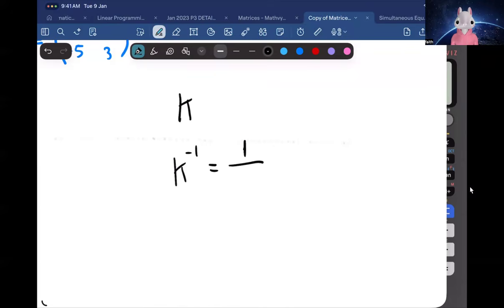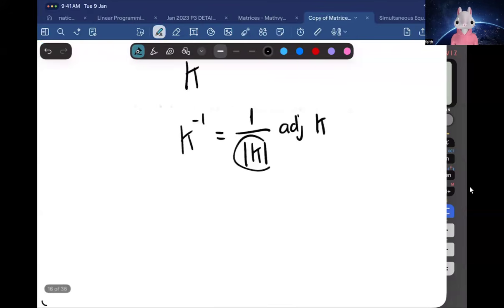One over the determinant of K, multiplied by the adjoint of K. And you remember how to find the determinant: you multiply the first diagonal minus the product of the second diagonal.